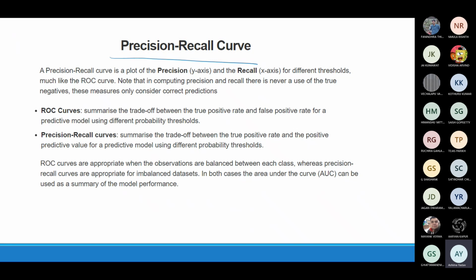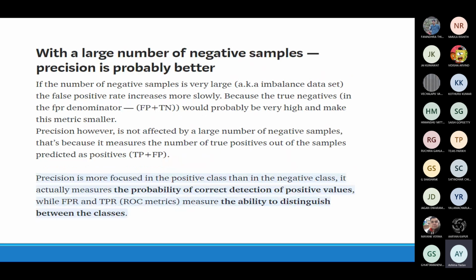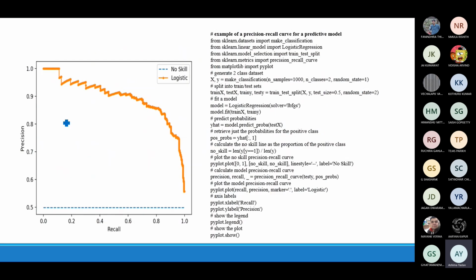The precision recall curve shows the trade-off between the true positive rate and the positive predicted value, which means the precision. So it calculates the precision and recall values, and the curves are plotted between the precision and recall values.